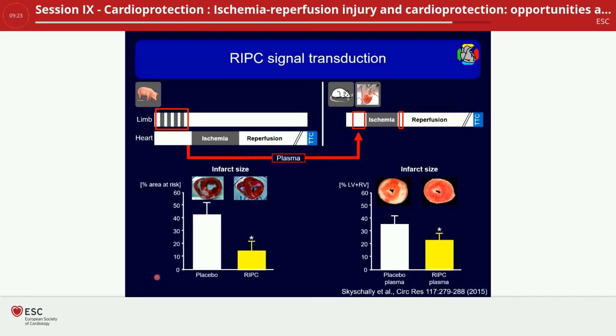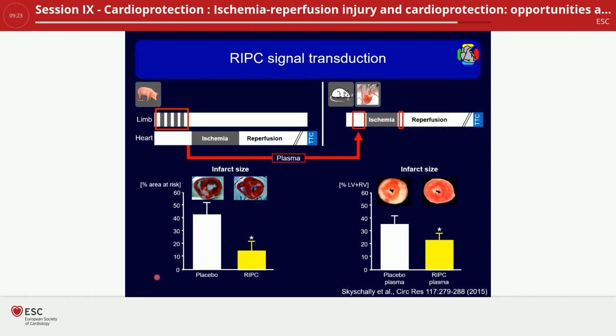And what we did is, after the preconditioning protocol, we took arterial blood samples, derived plasma from these arterial blood samples, and then infused the plasma into an isolated perfused rat heart. So a different individual, a different species, and we wanted to see whether the pig leg would actually release some factors that could actually protect the isolated rat heart.